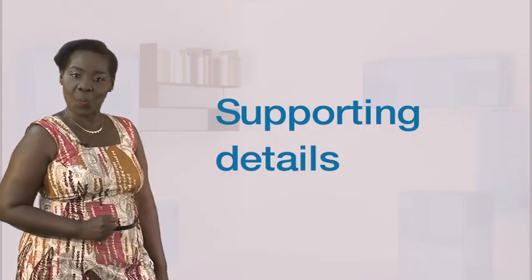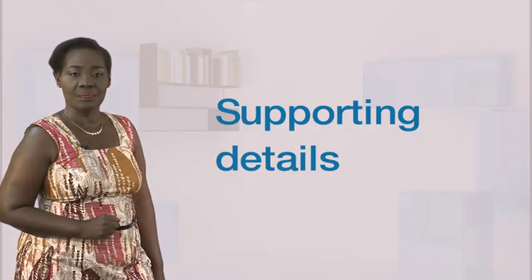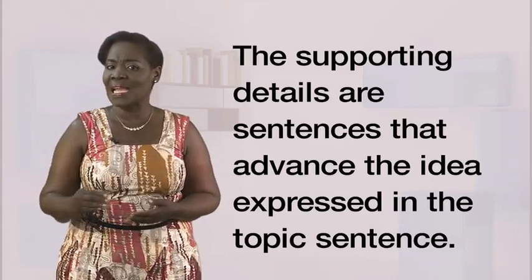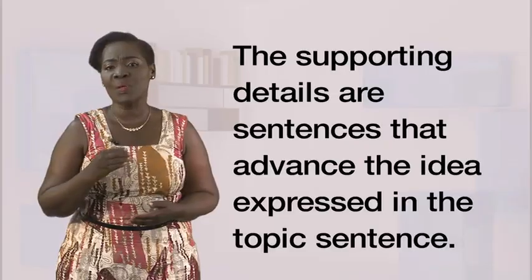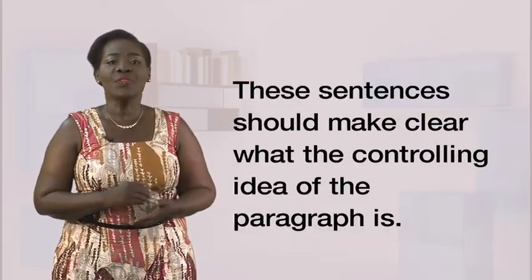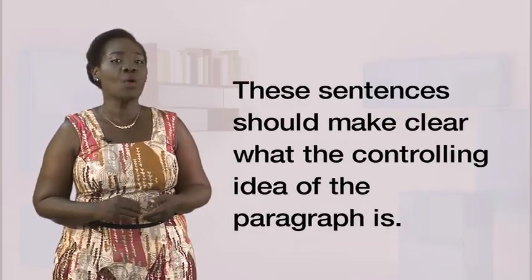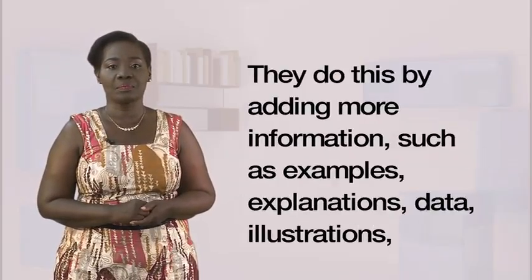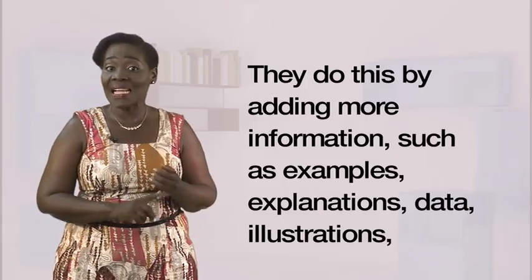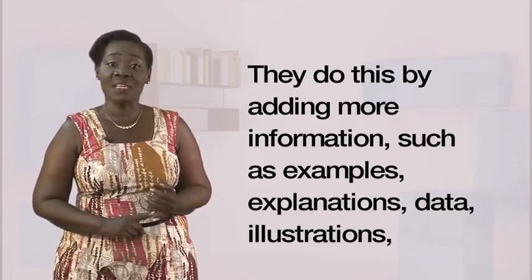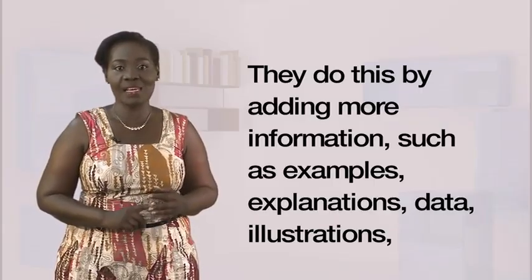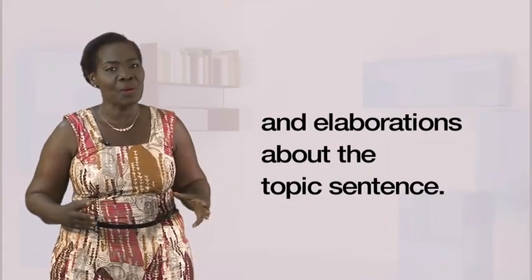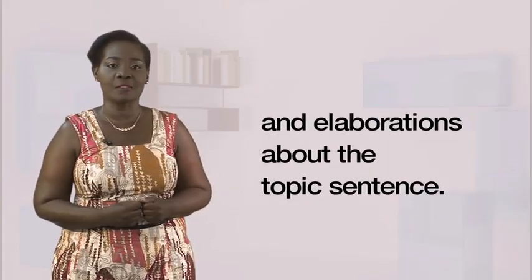Let's look at the supporting details. The supporting details are sentences that advance the idea expressed in the topic sentence. These sentences should make clear what the controlling idea of the paragraph is. They do this by adding more information, such as examples, explanations, data, illustrations, and elaborations about the topic sentence.